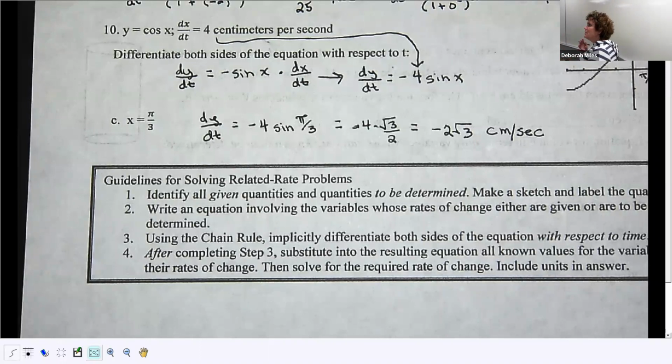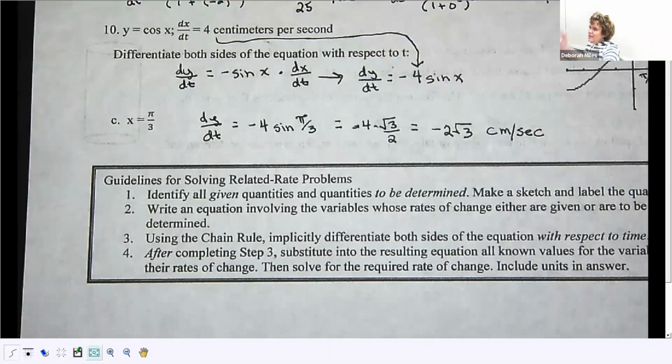It's not because they're bad at math, it's because they're bad at words. They don't have the words they need to talk themselves through the process. So I'm giving you words that by the time we get to the test, you should be able to say, okay, what are my steps for solving related rates problems?